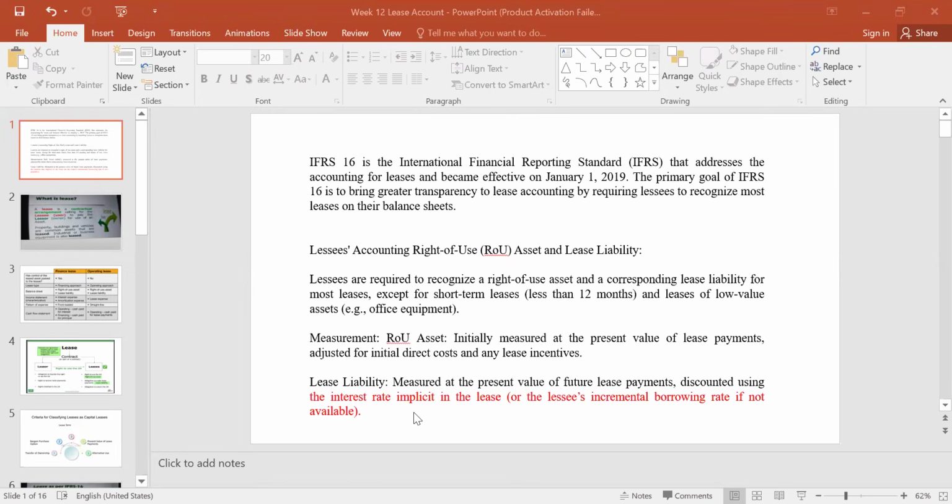This rate may be the implicit rate or the incremental borrowing rate.